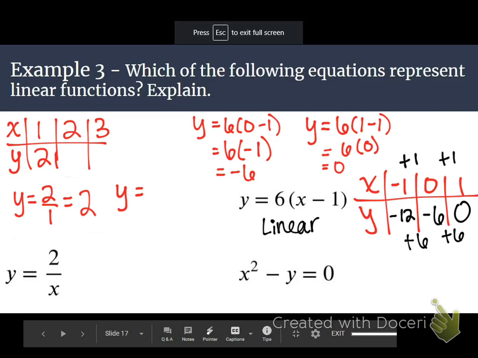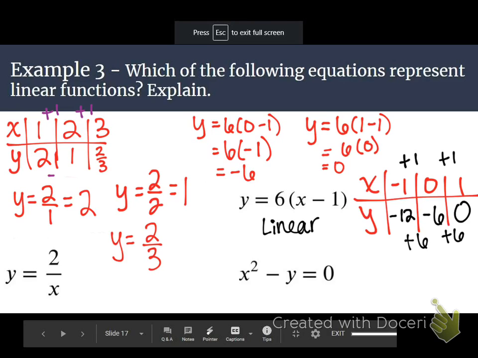The next one, what are we plugging in for x? 2. 2 over 2 is 1. What is currently happening to our y's? Just this first step, what do we do? Subtracting 1. So if this is going to keep going and become linear, we would want this to be what? 0. But what are we plugging in for x? 3. Does 2/3 simplify? No. Is it 0? No. So this is nonlinear. Okay, we were adding 1 on top. We added 1.